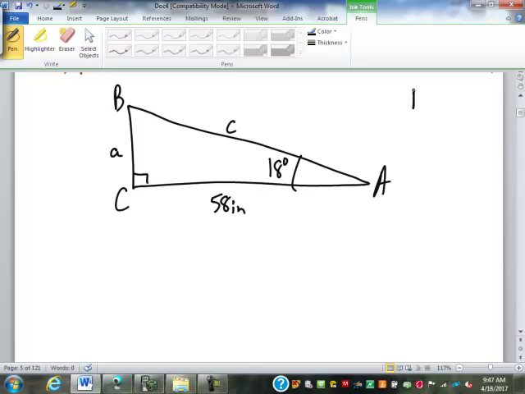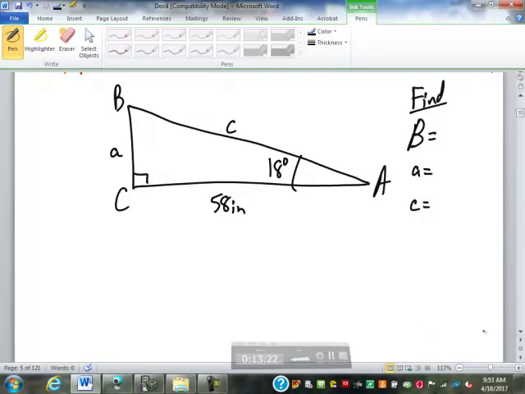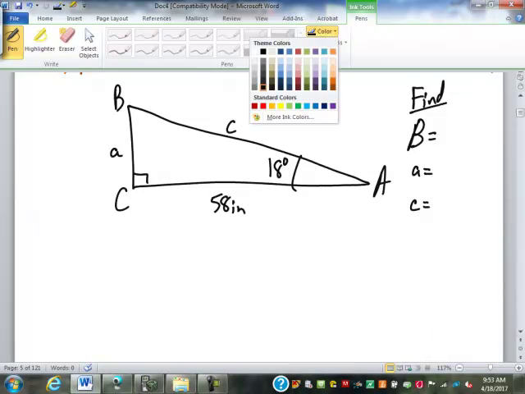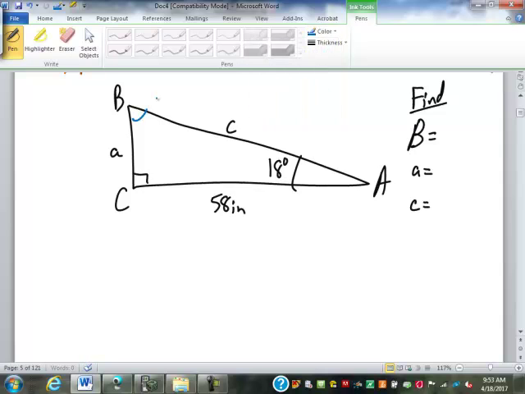So I want you to find angle B, side A, and side C. In your notes, I'll pause. Angle B is what? 72 degrees. Good. Just subtract 18 from 90.